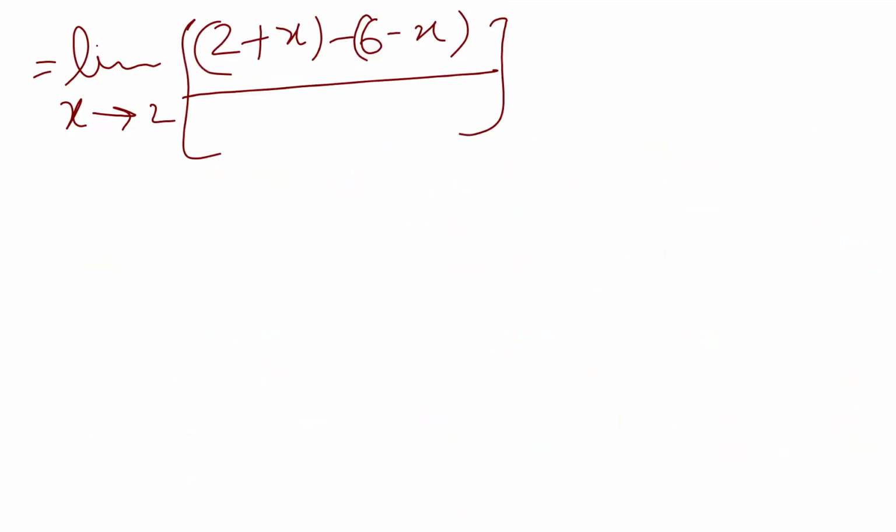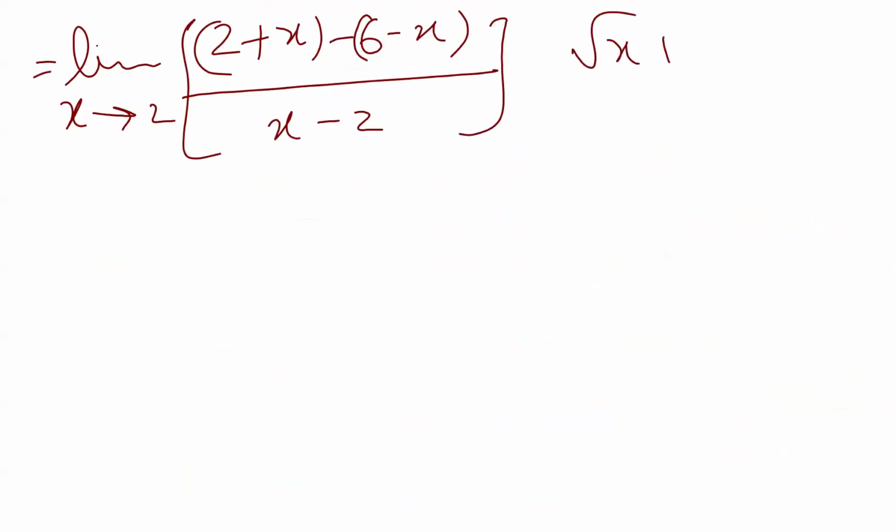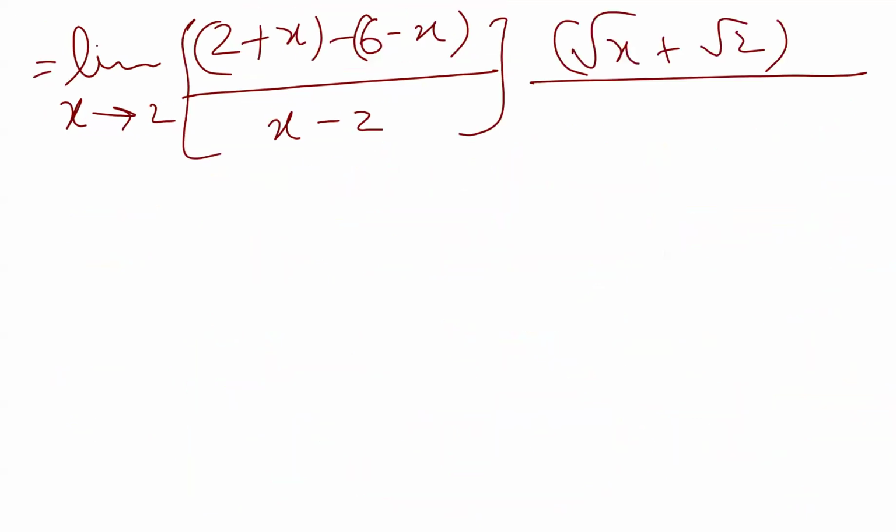Now these two terms will be as it is, root x plus root 2 upon root of 2 plus x plus root of 6 minus x.